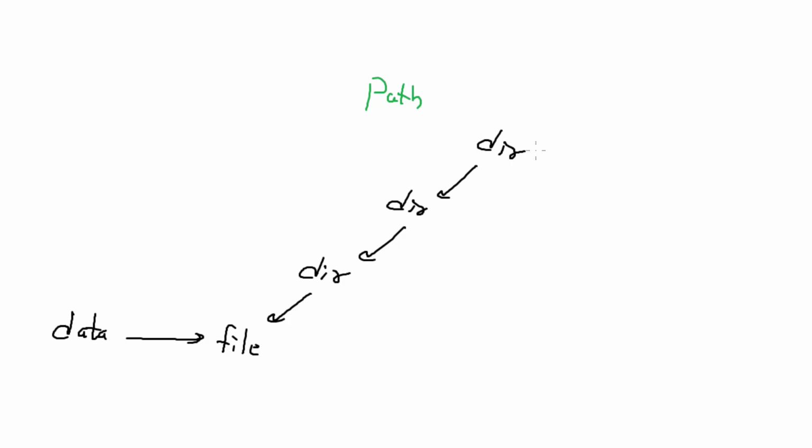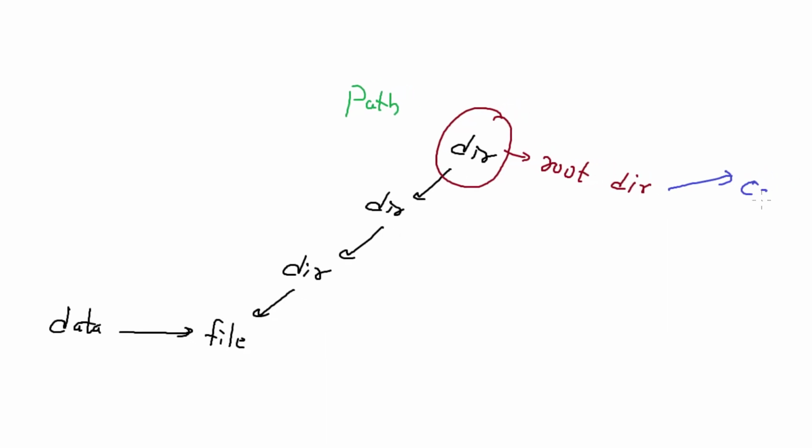But obviously there should be some top directory, with nothing above it. That top directory is also known as the root directory. If you talk about the Windows operating system, the top directory is normally the C drive. But on Mac, and especially the Linux operating system, the top directory, with nothing above it, is the slash directory.